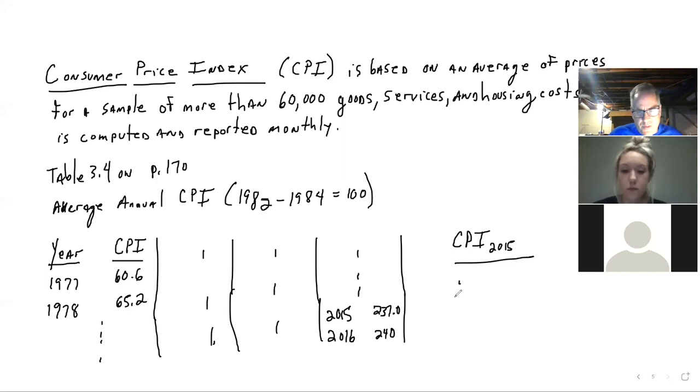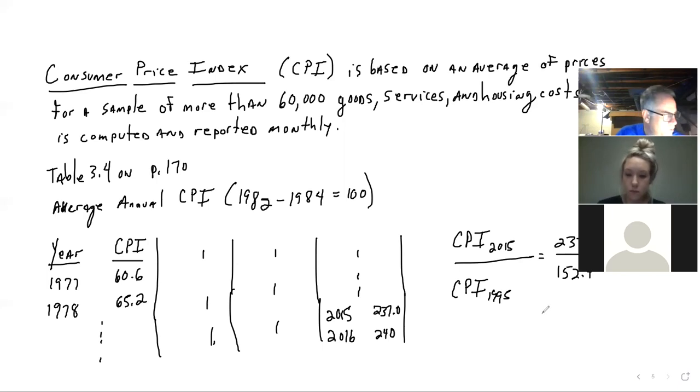And the CPI for 1995 on the table was 152.4. So we use a subscript to say the CPI 2015 compared to the CPI of 95. If I get my calculator and go 237 divided by 152.4, I'm going to get 1.555.